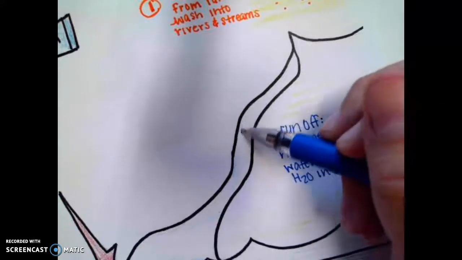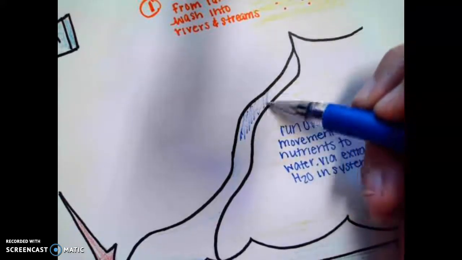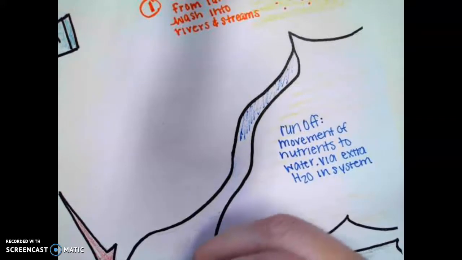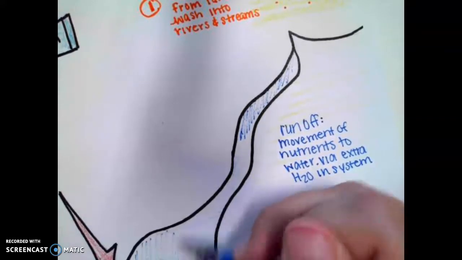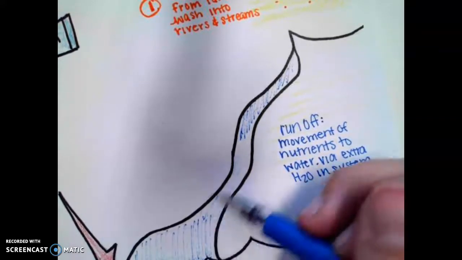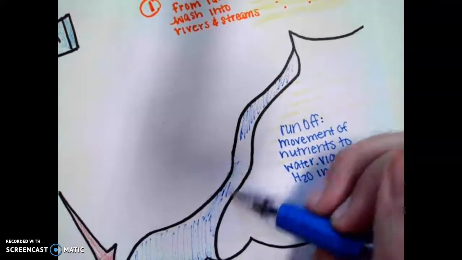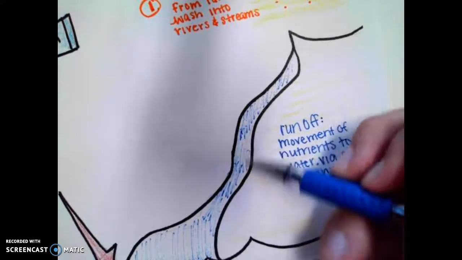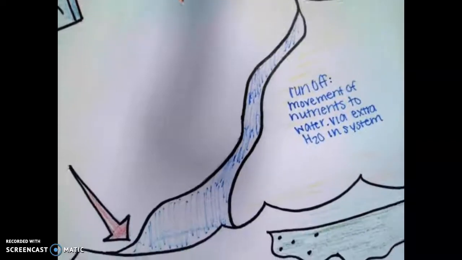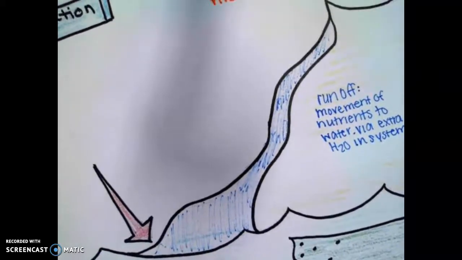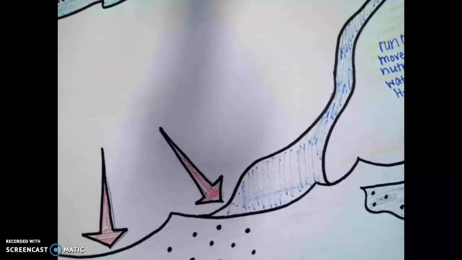This is actually a river, so you can color it in nice and blue. So now the nutrients have traveled into my river, where they're causing chaos, but they're actually going to collect into my lake, which is the bottom part of this system right here.